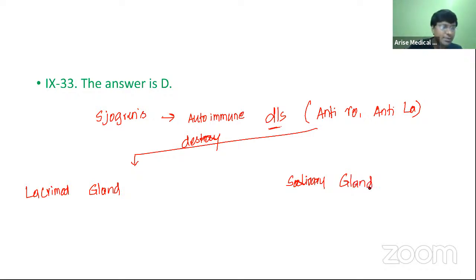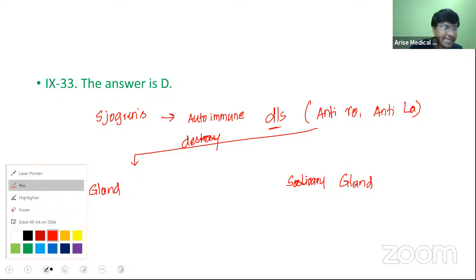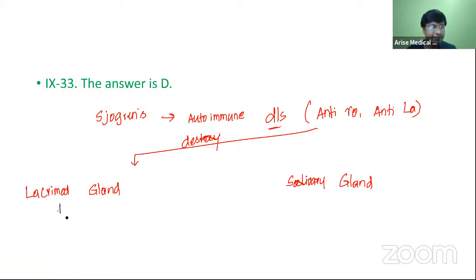Because they destroy the lacrimal gland, they will have dry eyes. And because they destroy the salivary gland, they have dry mouth.